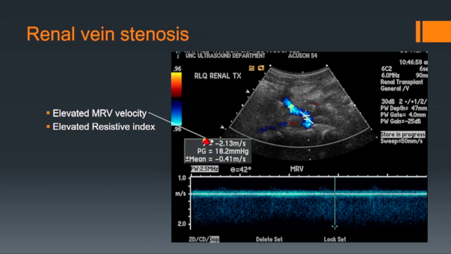There aren't any precise figures for renal vein stenosis as there are for a diagnosis of renal artery stenosis because it's a relatively rare entity, but it's something you want to look at if you have someone who has a very high RI with no visible cause, and you see on color Doppler an apparent focus of elevated velocity in the main renal vein at the point of anastomosis.